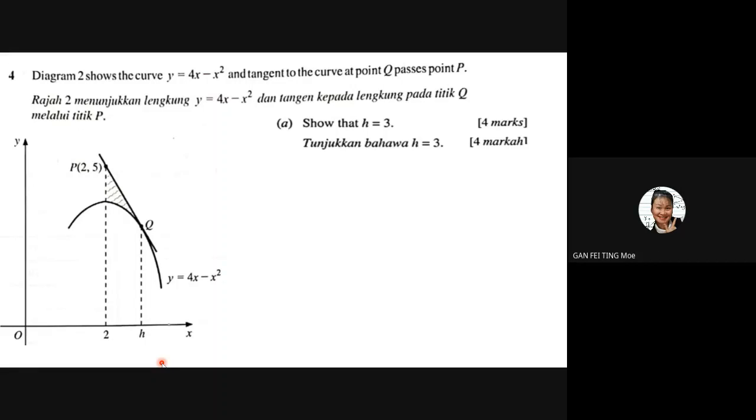The straight line intersects with the curve, right? Okay. How are you going to solve? What is your plan? I want to know what your plan is. Cannot, right? Okay, never mind.